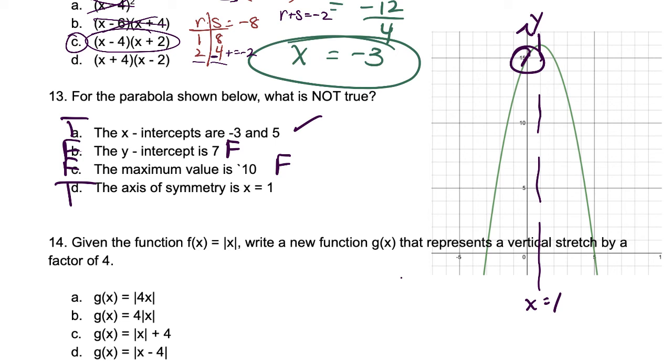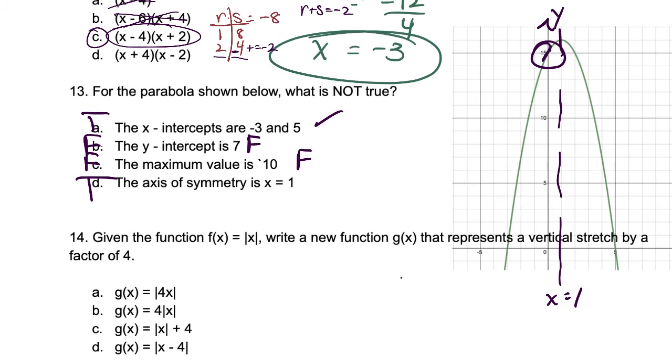Next, problem number 14 here. Given function f of x equals the absolute value of x, write one that represents a vertical stretch by a factor of 4. Well, the stretch is something we talked about a lot. In this case, we're coming up with g of x. Remember, it was a times x minus h quantity squared plus k.